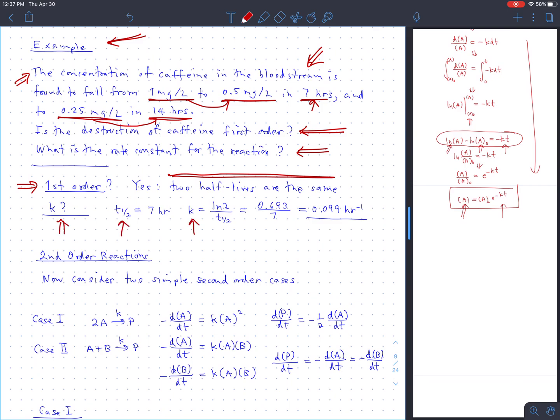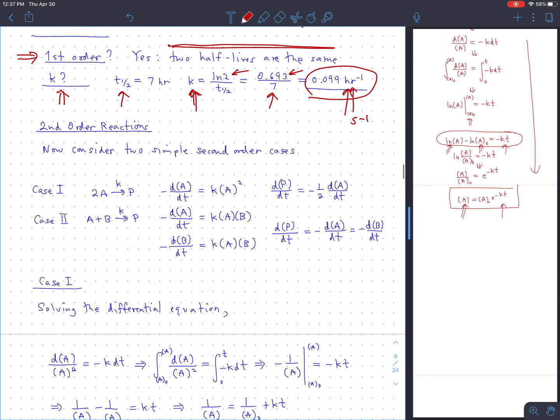The rate constant is therefore log 2, or 0.693, divided by 7 hours, and that's about 0.099 hours to the minus 1. You could change that to other units if you like, but it's a time to the minus 1, usually seconds to the minus 1, but hours to the minus 1 is a perfectly valid unit too. All first-order rate constants have units of time to the minus 1 in some time unit.